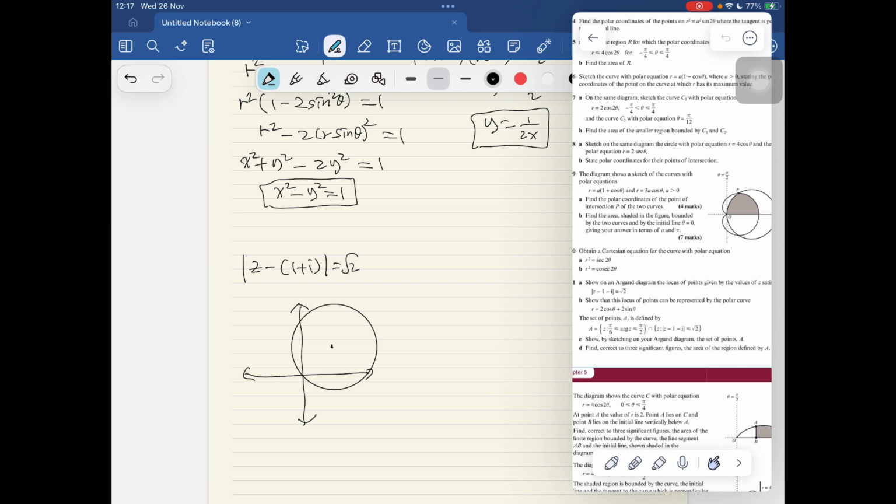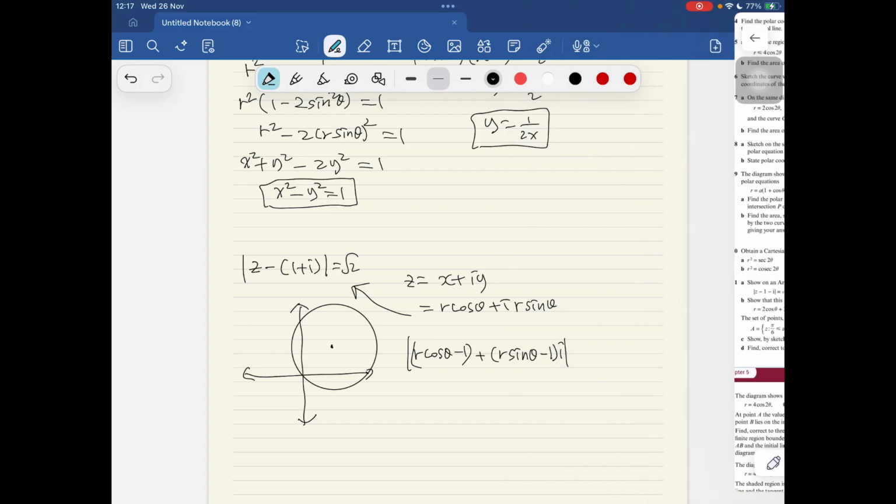Okay, so z is x plus yi, so z is r cos theta plus i r sin theta. So when it comes here, (r cos theta minus 1) plus (r sin theta minus 1) i, magnitude is square root 2.